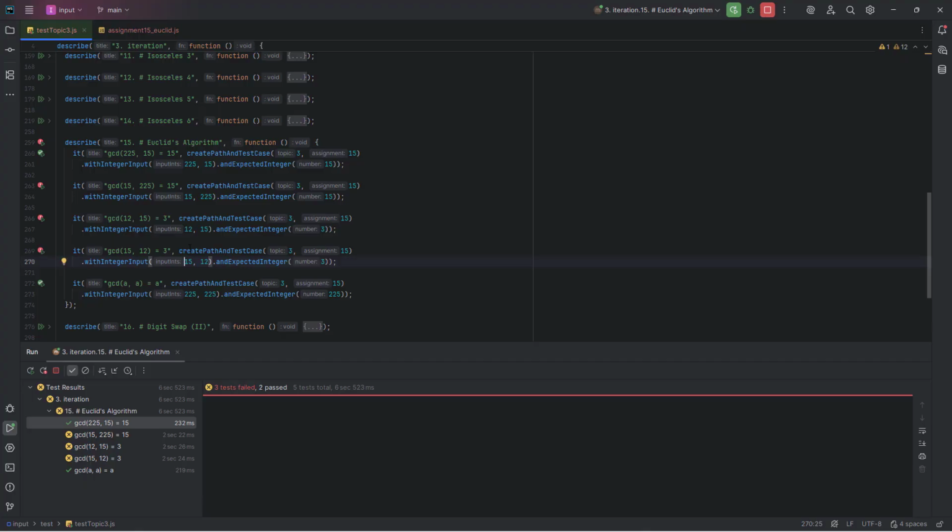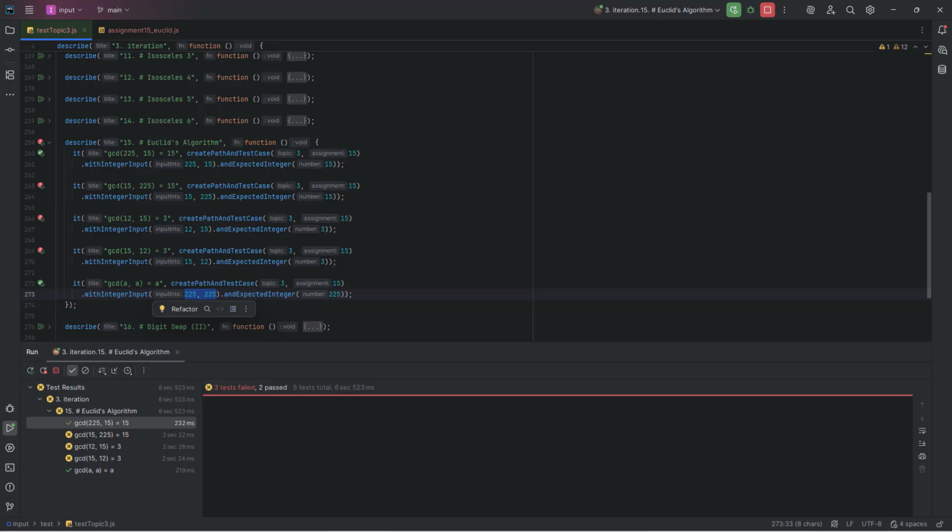And 12, 15, 15 and 12, these are failing, all of them. So let's see why. And then the greatest common divisor of the same number given twice is just the number, of course, and that's turning green.